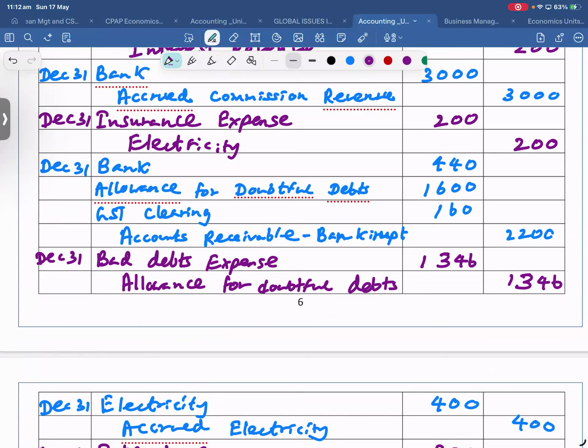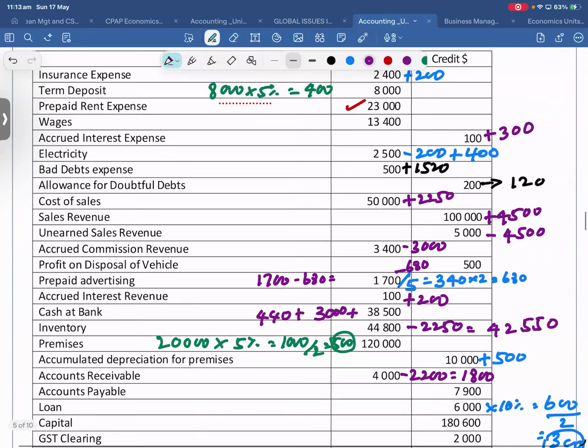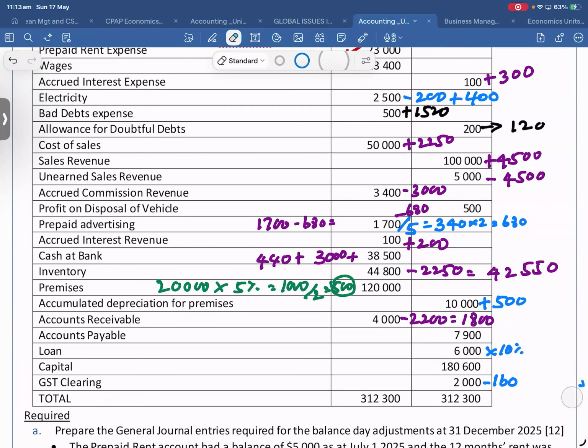GST clearing we had to debit 160. GST, where is GST? This one should be minus 160. Right? Right.